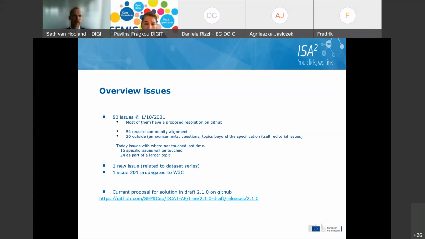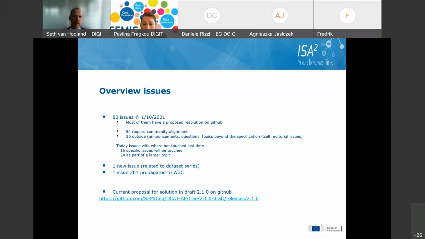What we are going to do today is focus on 15 specific issues, when 24 of them, as well as 24 of them, are part of a larger topic. Since the previous webinar, we had only one new issue, which was related to dataset series, and additionally, one issue was propagated to W3C because it has to do with DCAT.